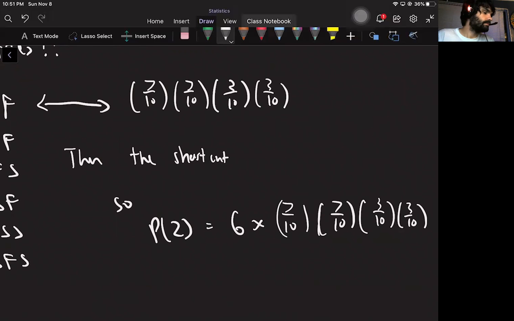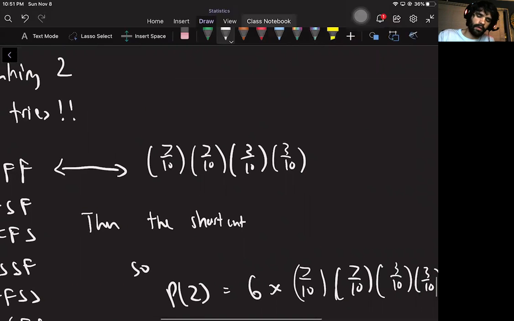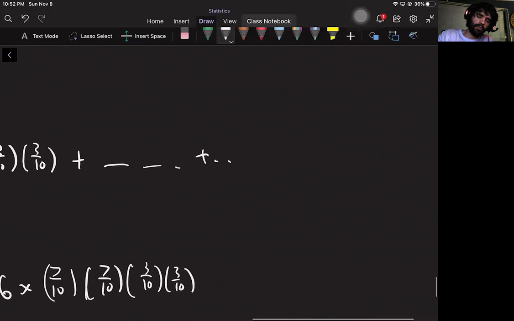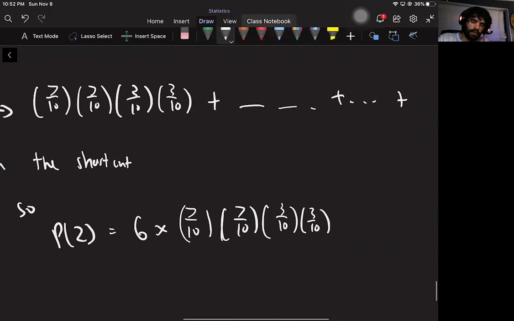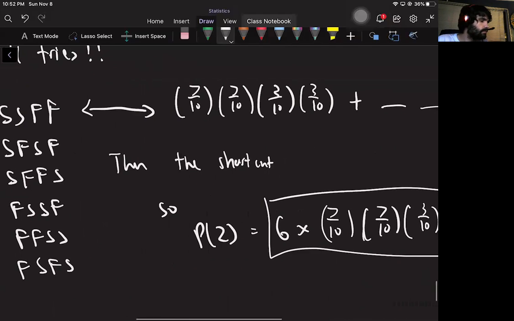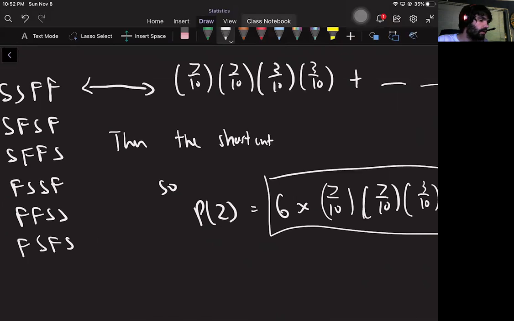So then, but really it comes from adding all 6 things. So you're really adding this plus the next one, plus the next one, which is how we did before, but there's 6 of them and they're all the same. So I'm not going to do that. Instead, I'm just going to multiply the first one by 6 because I already know they're the same. Just because when you switch the order of multiplication, it doesn't change the number.